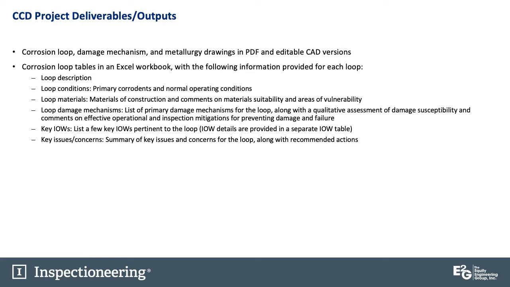Key IOWs should be listed, what key IOWs pertain to the loop in question, and key issues and concerns. So after reviewing all this information on the loop, what are the key recommended actions going forward on that particular loop? I think all this will become a little clearer with the example I'm about to provide here.